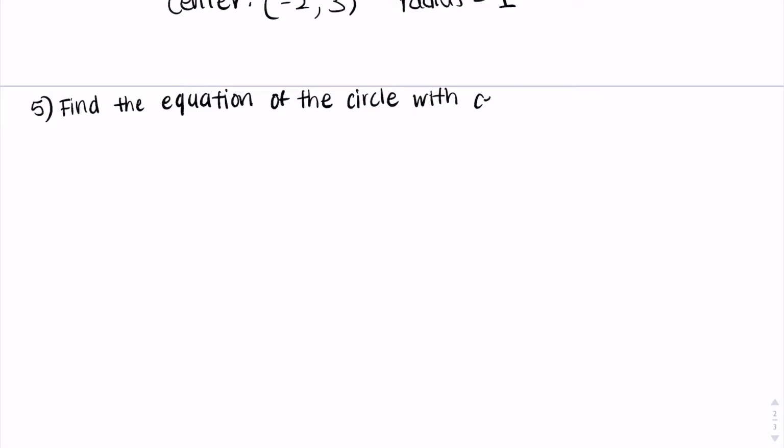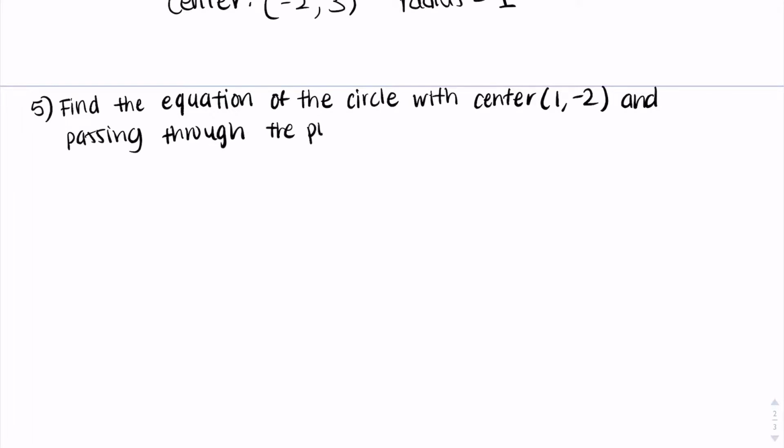Okay, so let's do one more example where you find the equation of the circle with center 1, -2, and passing through the point 5 and 2.